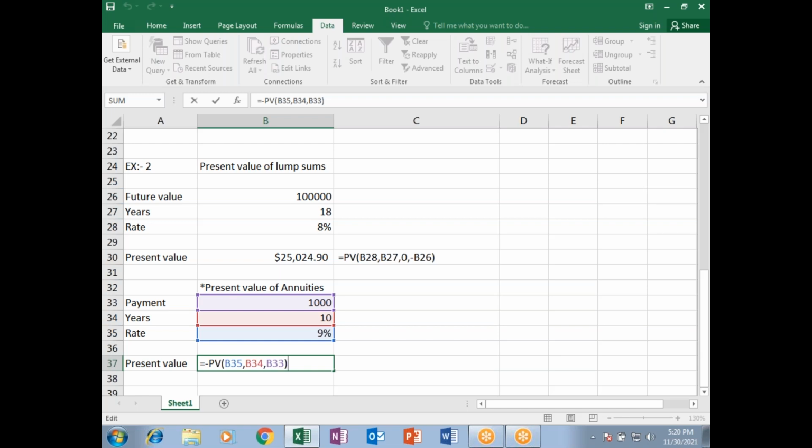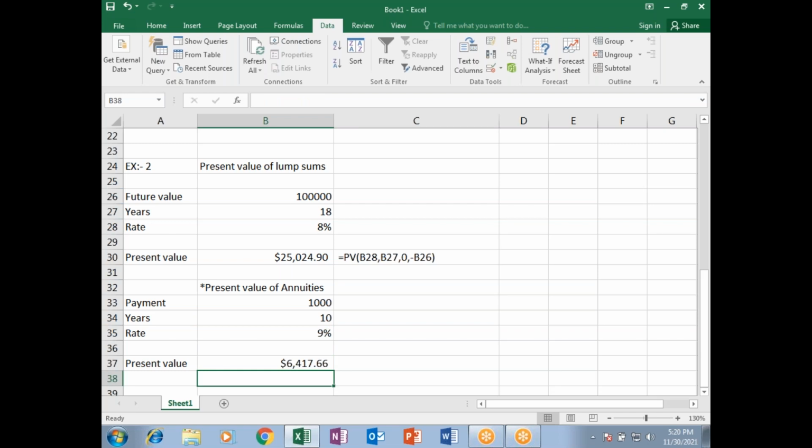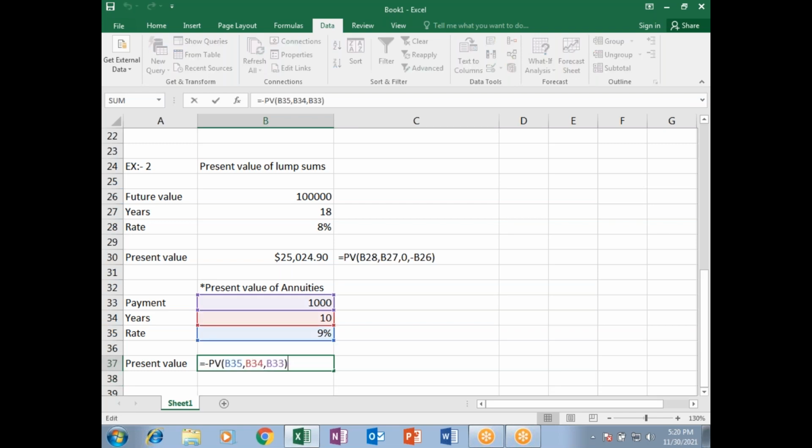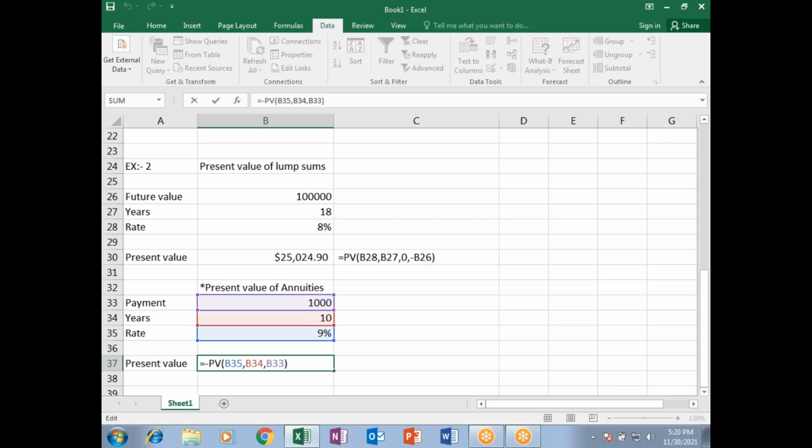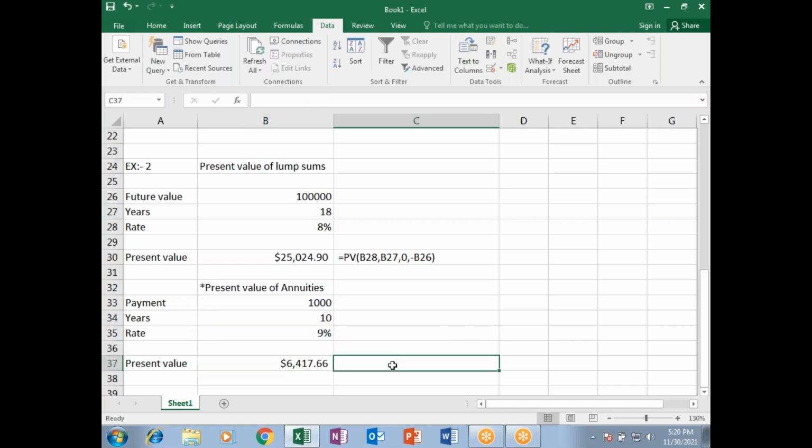I will give a minus, not only for the payment amount. So you can write down this one also.